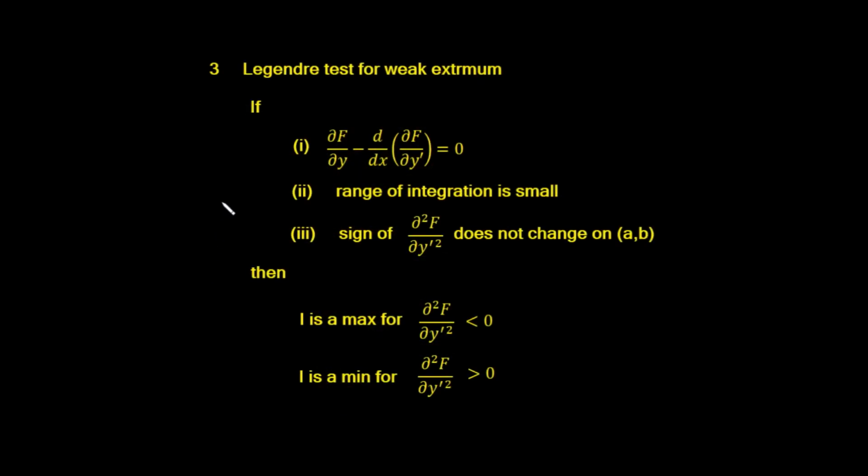In the second course, we've tried to answer the question whether the extremum is a maximum or a minimum. One of the ways we've seen that we could do this is the Legendre test for weak extremum.